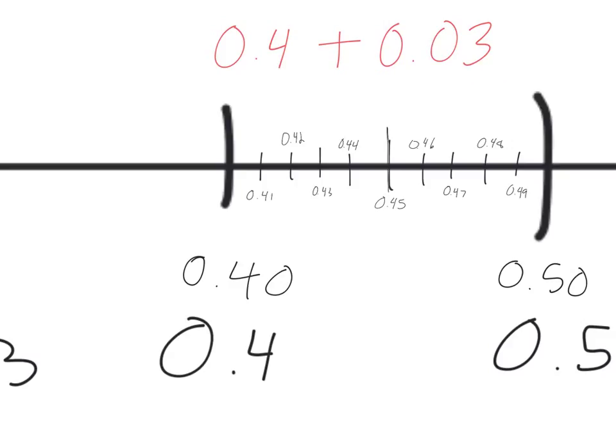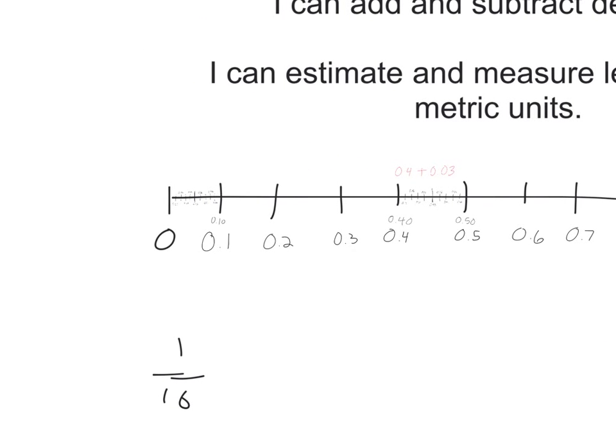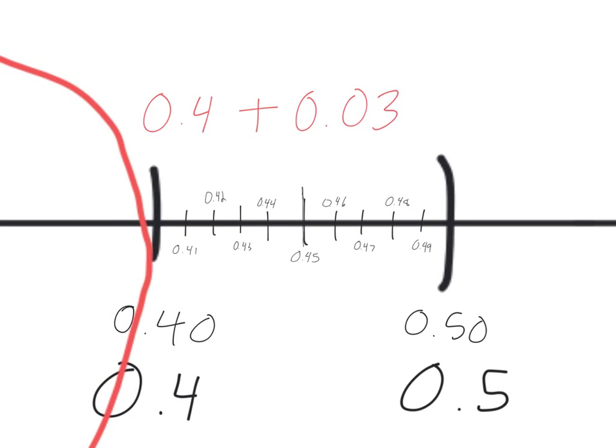So if I started right here and I circled all the way from 0 to 4/10, that's where I started. And then it tells me I need to add on 3 more hundredths. So I could go 1, 2, 3, and I would end up right there at 0 and 43/100ths.